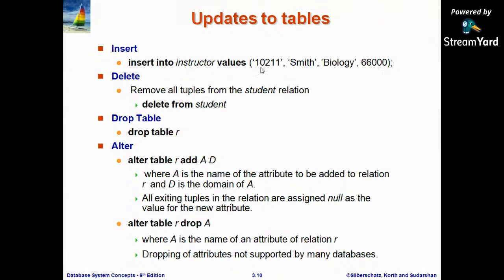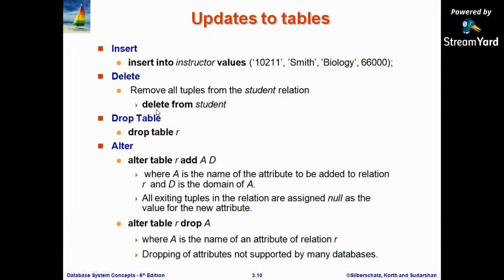In the braces, if it is a character or varchar, the value should be enclosed in single quotes. And if it is numeric, you can have the direct values, and the sequence of values should be the same as the sequence of creating the attribute names. So this is ID, then name, then department name and salary. So the sequence is going to be the same and the values will also come in the same sequence.